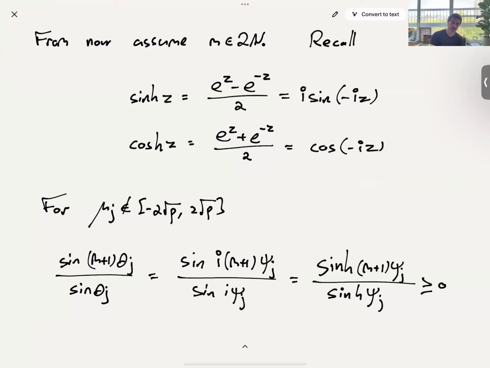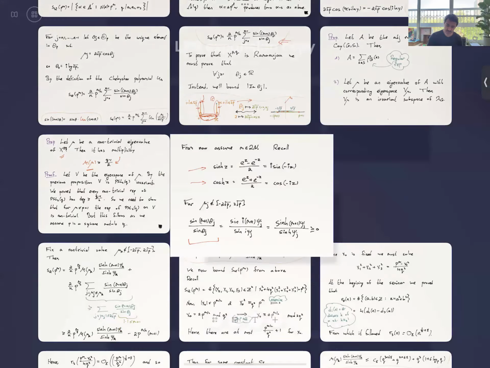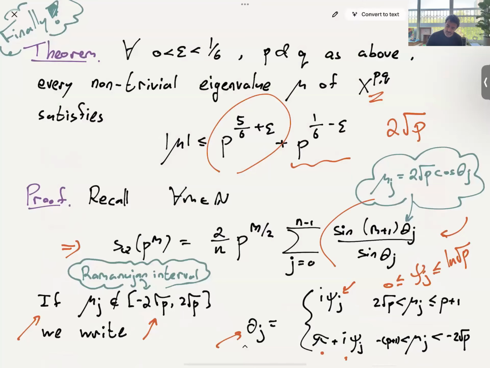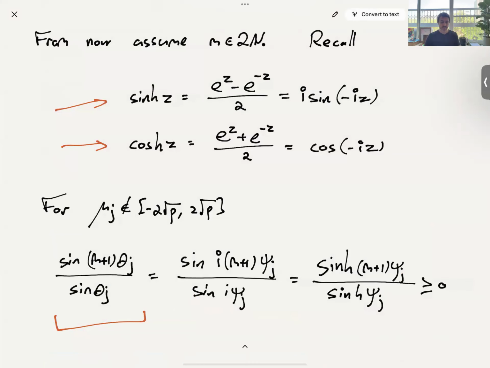So to do that, we are going to use the hyperbolic sine and cosine functions. I'm just going to call them sinh and cosh. Remember that sinh can be written as (e^z minus e^(-z)) over 2. You can write everything in terms of exponentials, and the hyperbolic cosine function is this thing. And now, for any j such that mu j doesn't sit in the Ramanujan interval, let's consider this ratio because it appears here. Okay, so let's consider this summand corresponding to psi j.